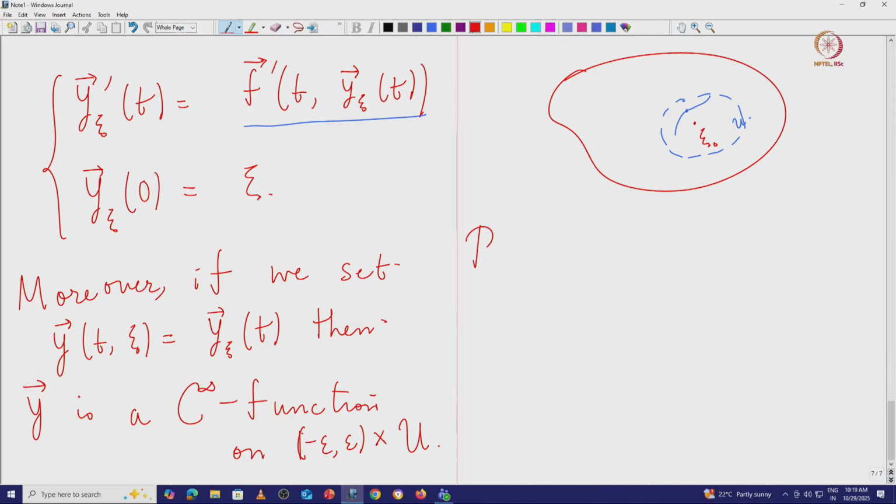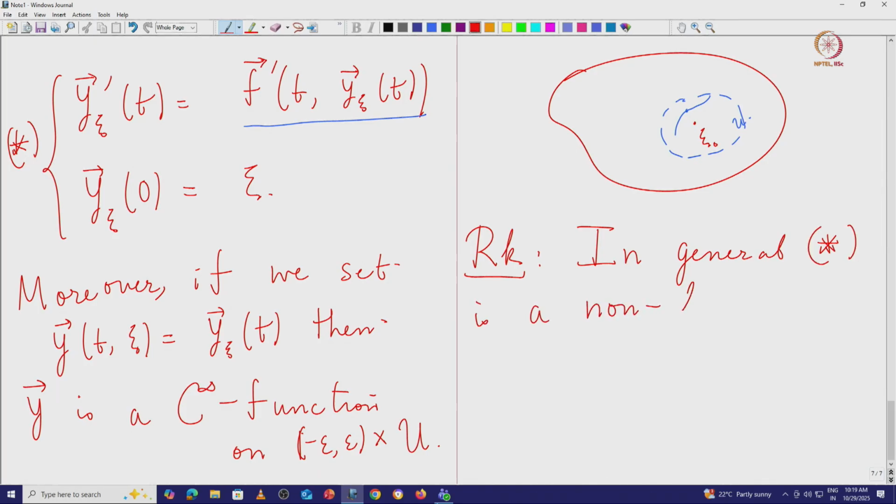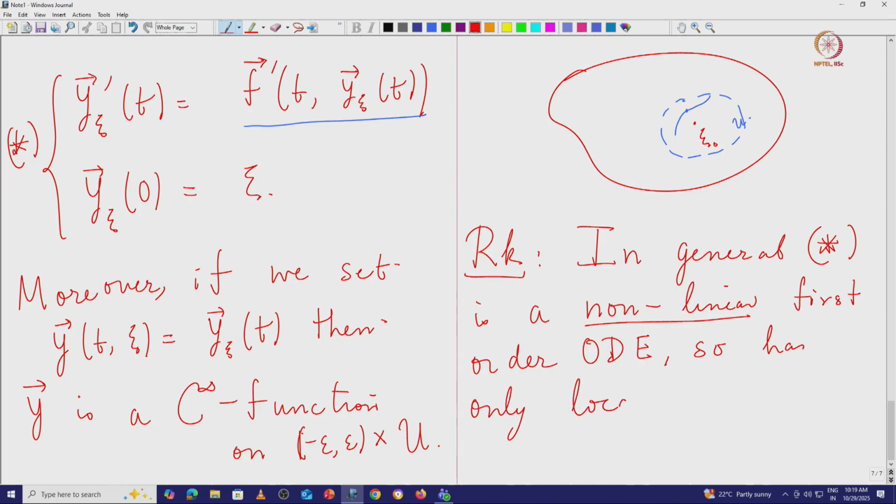So a remark is that in general I will call this system star. Star is a nonlinear first order ODE, so it has only local existence, but you still get local existence and uniqueness.